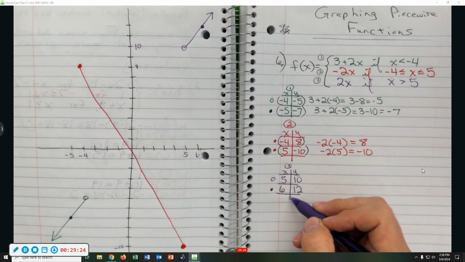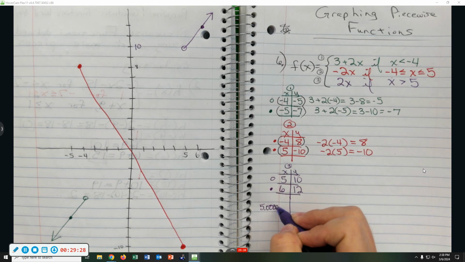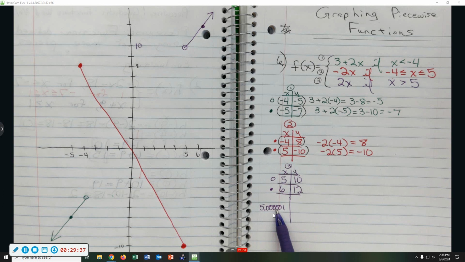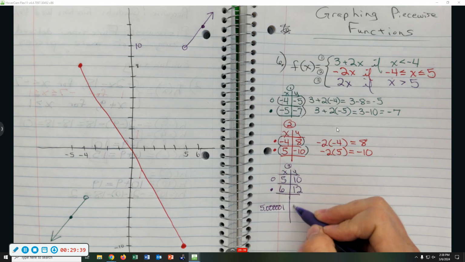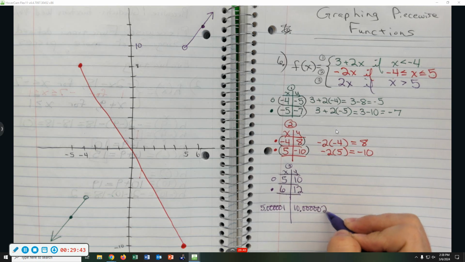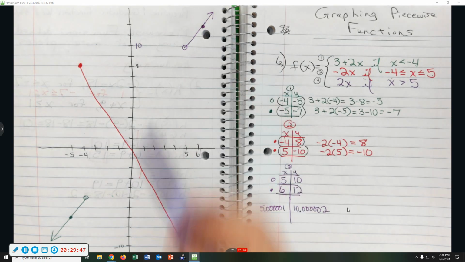For example, how about this number? 5.000001. Do y'all agree that that number is greater than 5? If I plugged that in, I'd get 10.000002. This ordered pair has to be included on this graph.